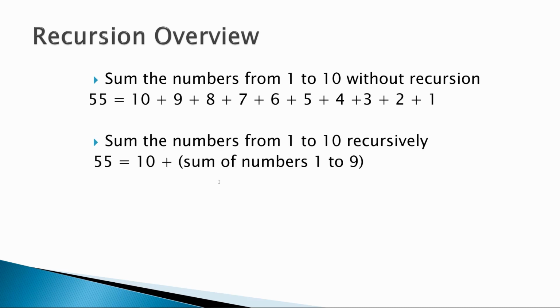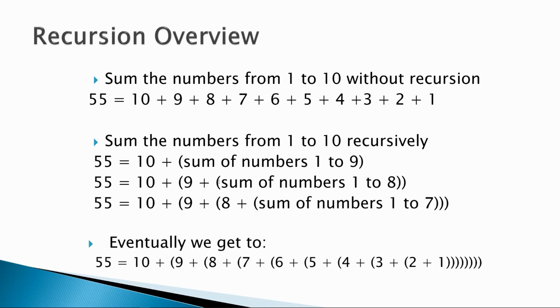That works great if you've got a single math function you want to work with. But if you wanted to sum the numbers recursively from 1 to 10, you could say the sum of the numbers from 1 to 10 just happens to be 10 plus the sum of the numbers from 1 to 9, which is 10 plus 9 plus the sum of the numbers 1 to 8.